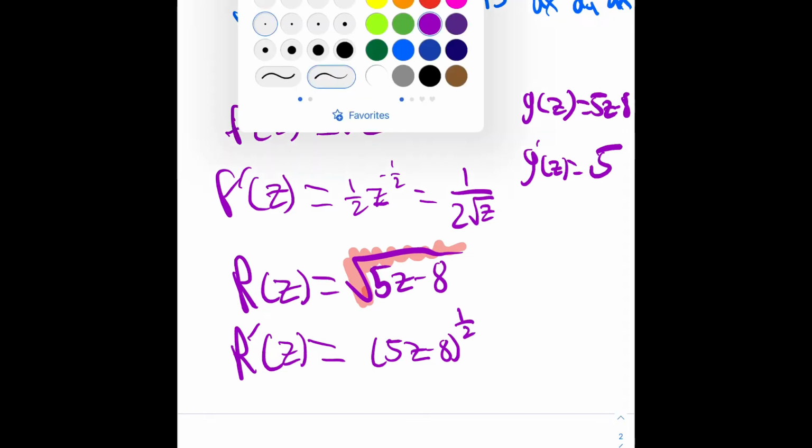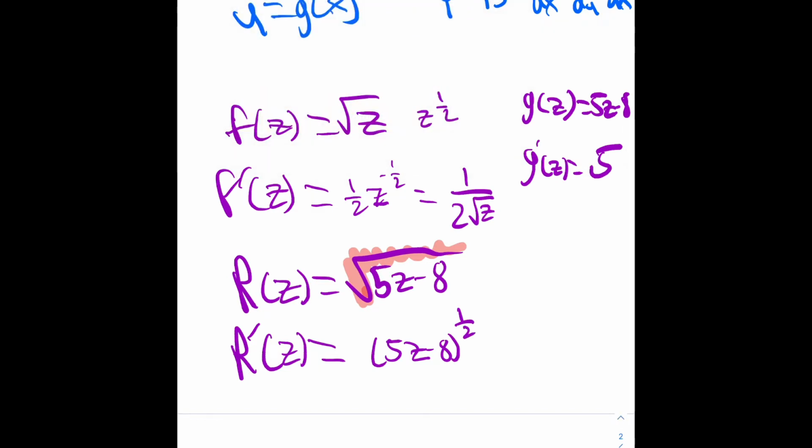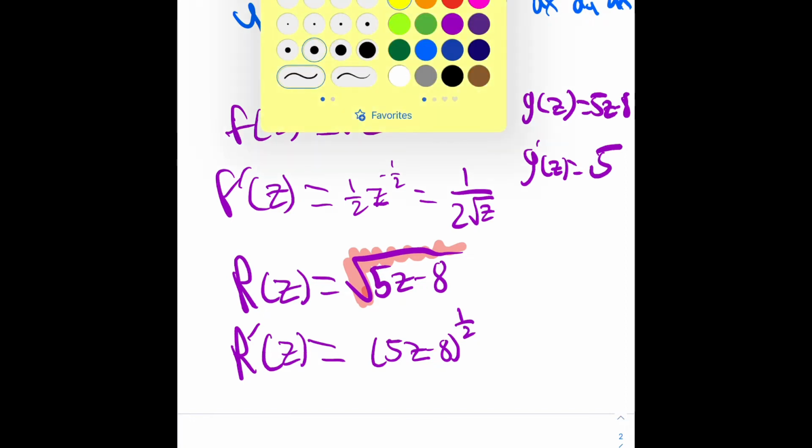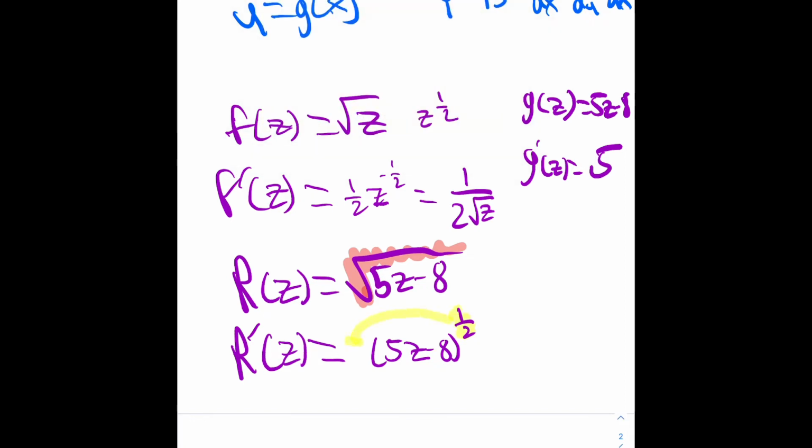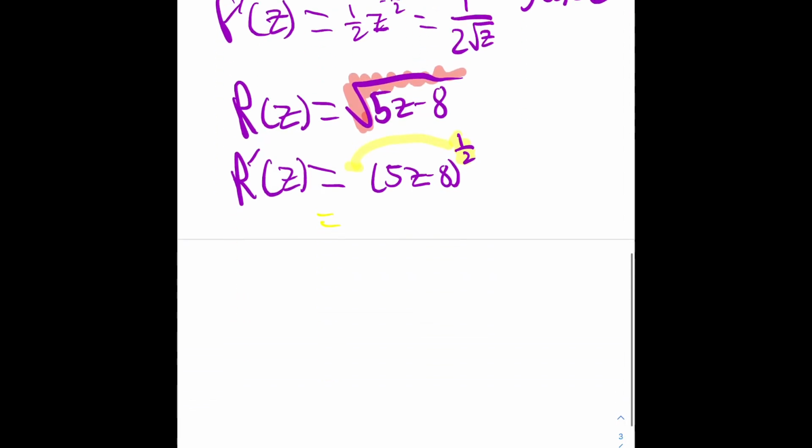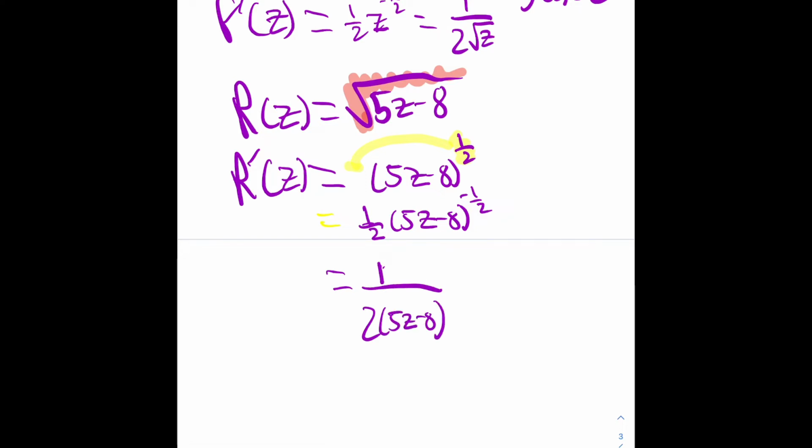I'm going to use my power rule, so the first thing it tells me to do is move the exponent out front. So the derivative of f of z here is going to equal 1/2 times 5z minus 8 to the negative 1/2, which equals 1 over 2 times the square root of 5z minus 8.